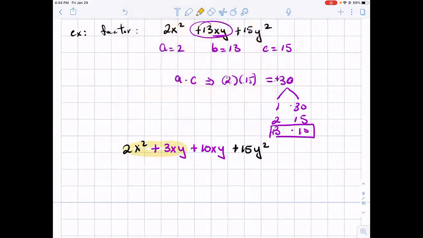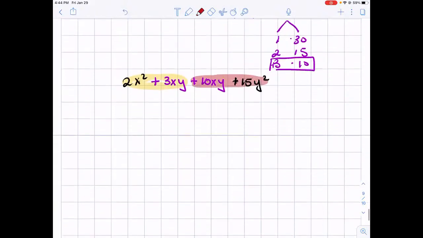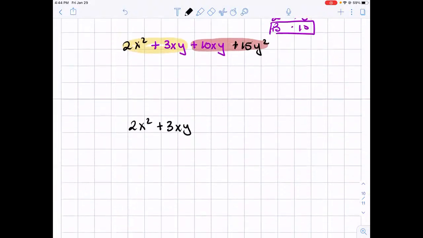And now what we'll do is perform factor by grouping. Break this into one group, break this into the other group. If we have 2x squared plus 3xy, what's our GCF? The GCF here is x. And on the next side, we have plus 10xy plus 15y squared.